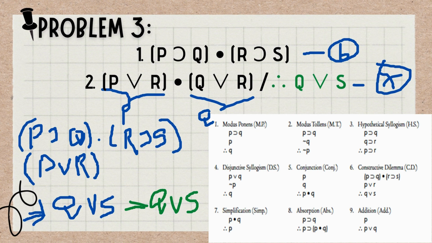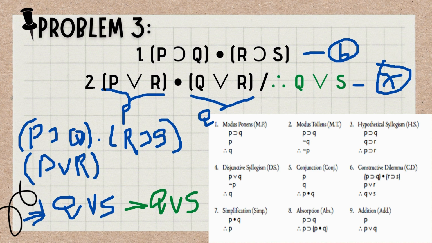Now think how we can simplify both premises to get Q disjunction S. We apply simplification to the second premise, taking P disjunction R as P and Q disjunction R as Q. P conjunction Q gives P, so we get P disjunction R as the value by applying simplification to the second premise.